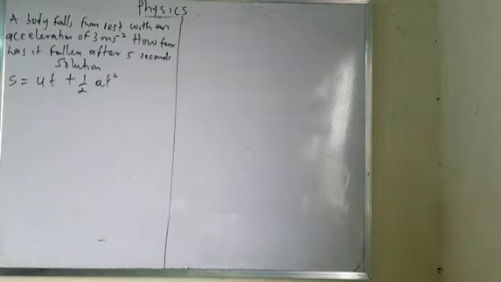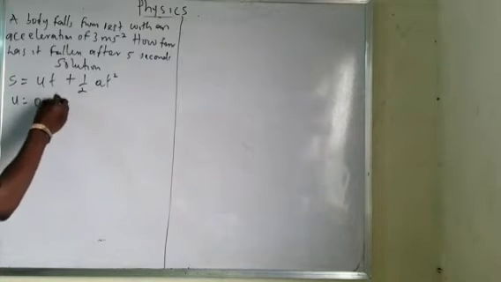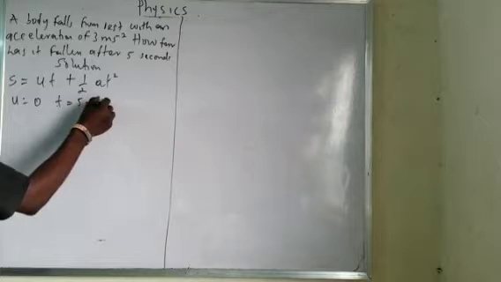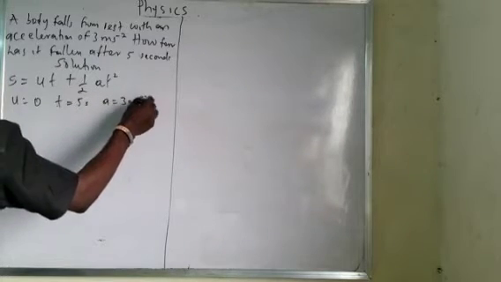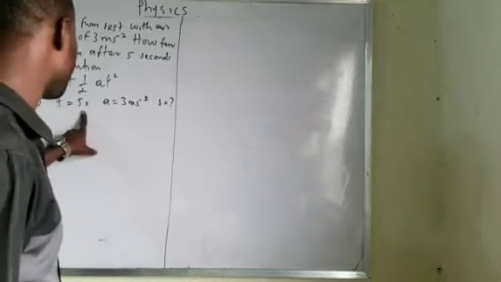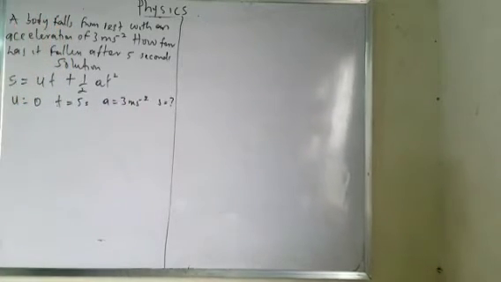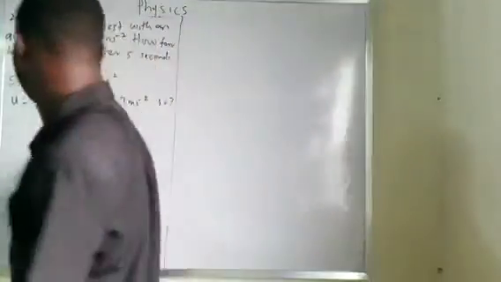Because number one, I have my u as 0, my t as 5 seconds, my a as 3 meters per second squared, and my x is unknown. I think I can use this without any problem. Initial time and what? Acceleration. I can't use equation 3, I can't use equation 1 because of what? Both of them are not okay.